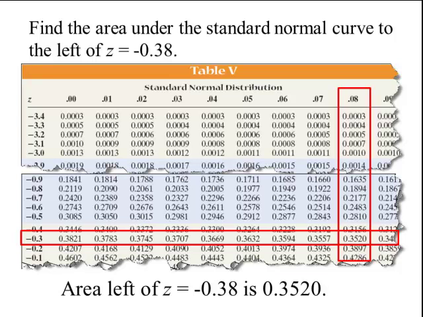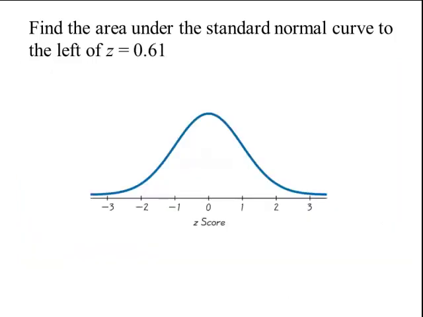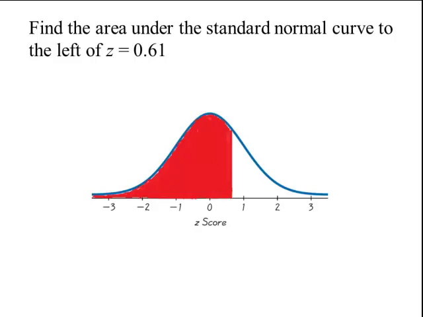Let's look at another example. Find the area under the standard normal curve to the left of z equals 0.61. Positive 0.61 is above 0. So we can see just from our picture this answer should be more than 0.5, because again half the graph to the left of 0 is 1/2, and this is larger.